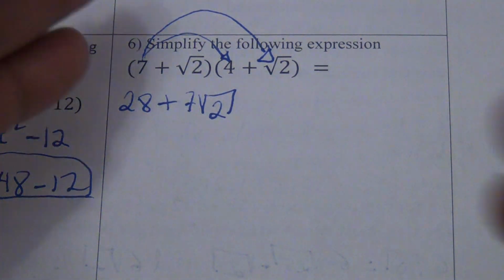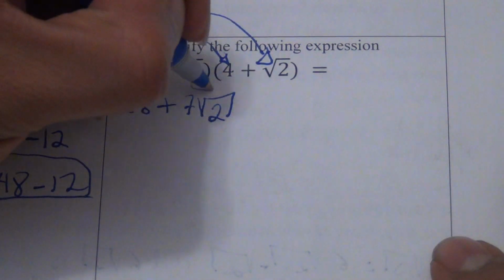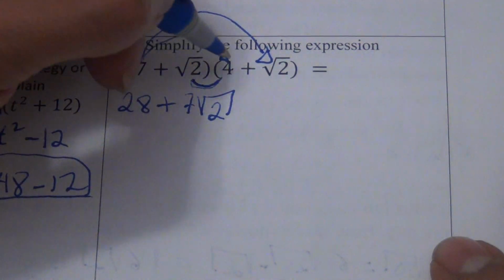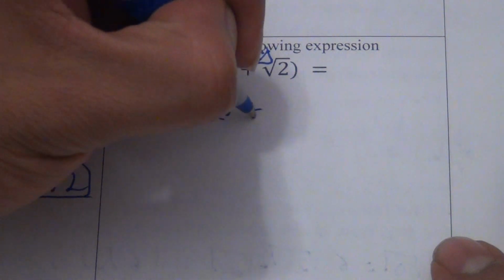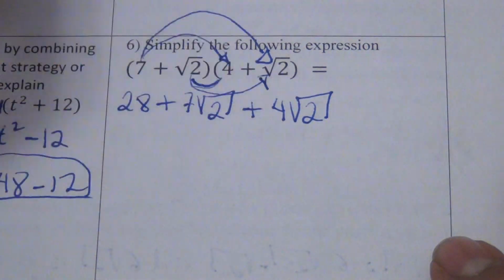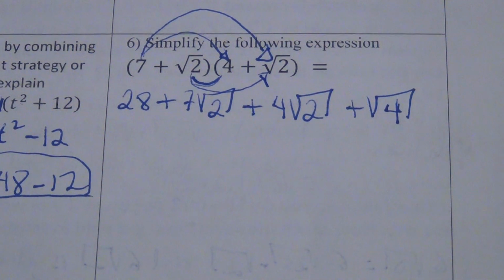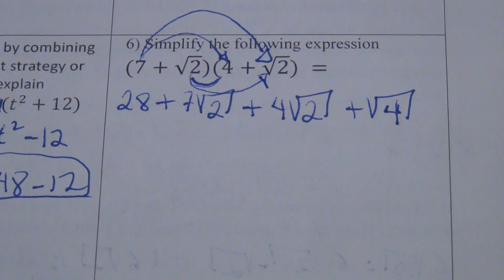Just like when you multiply 3 times x, you get 3x. What is radical 2 times 4? Radical 2 times radical 2 is radical 4. That's as far as I'm going to take you.